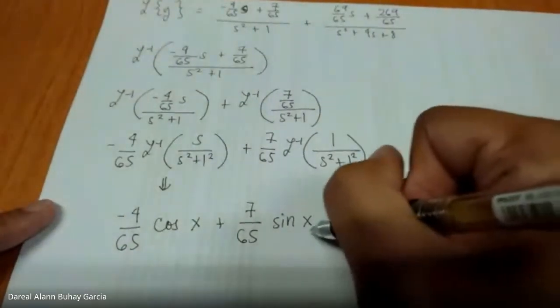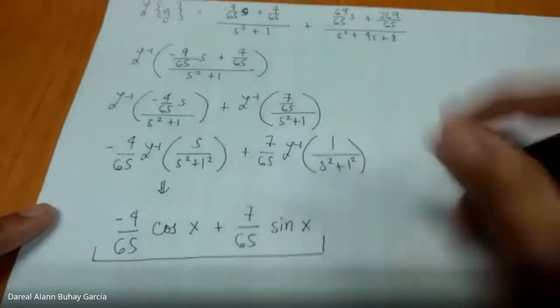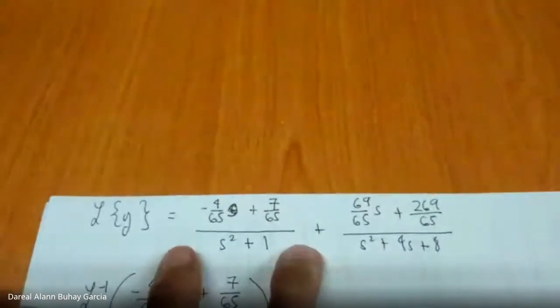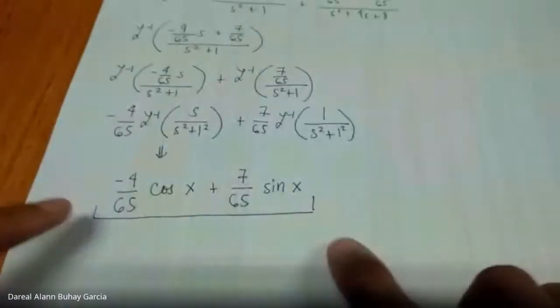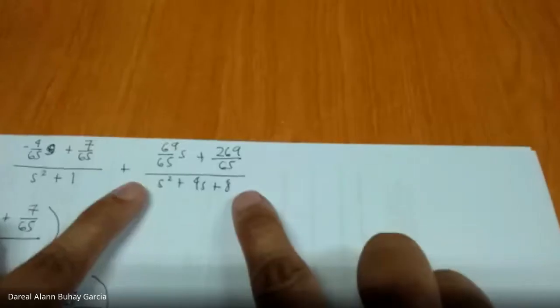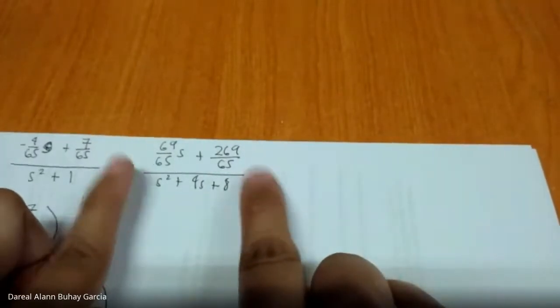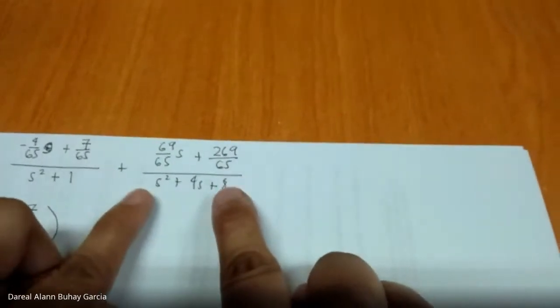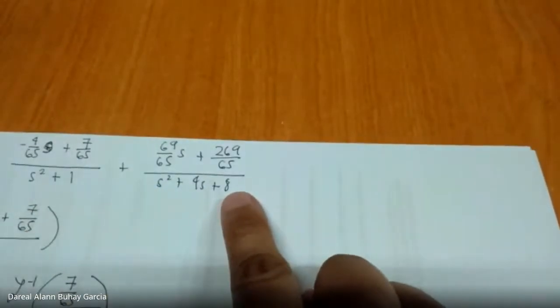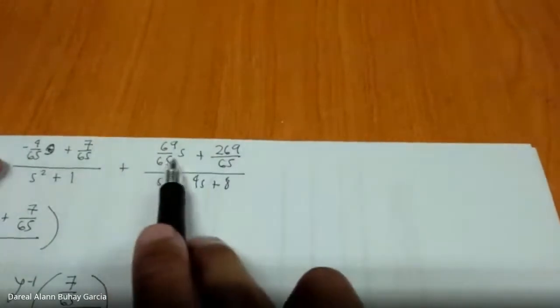That is the inverse Laplace transform of the first two terms. The next term is more challenging. We need to algebraically manipulate it because the denominator is not a perfect square.